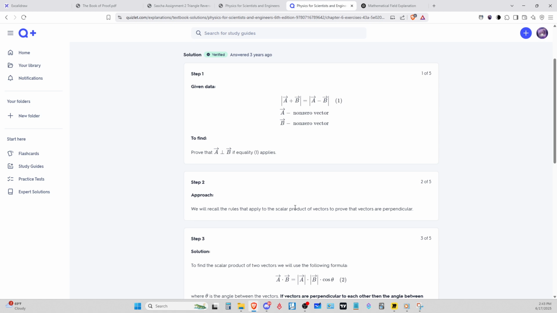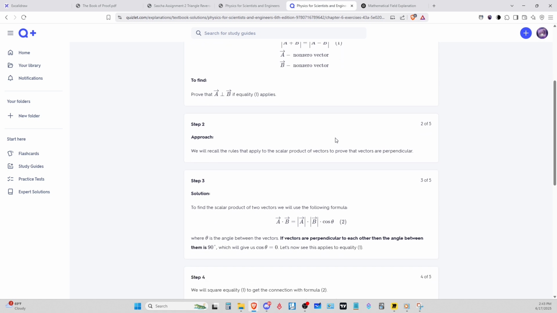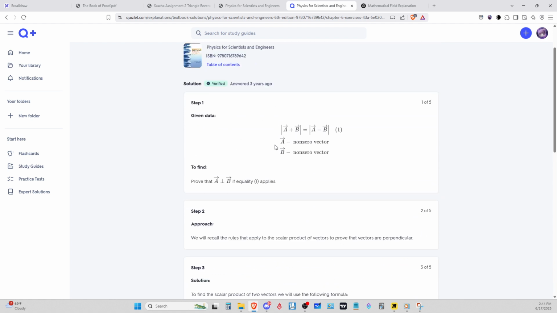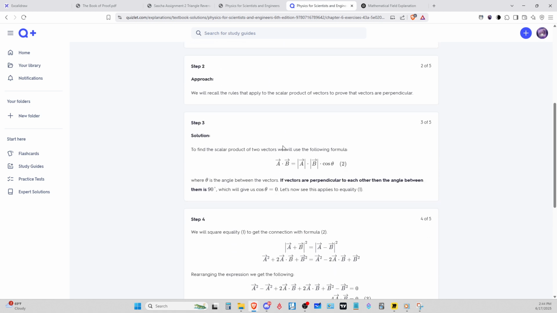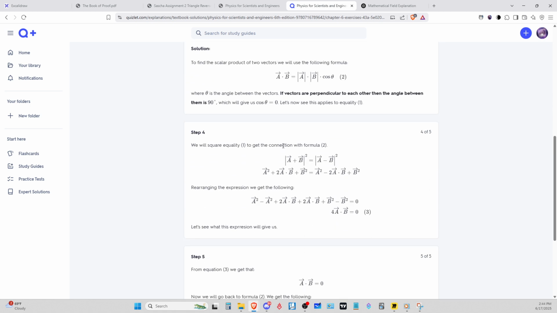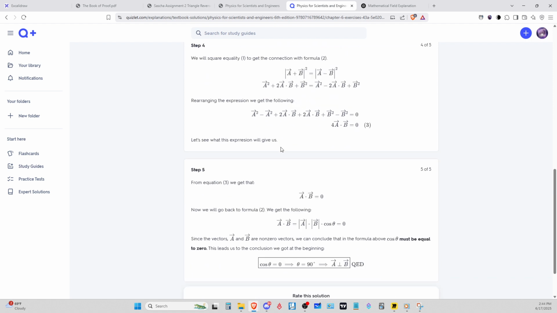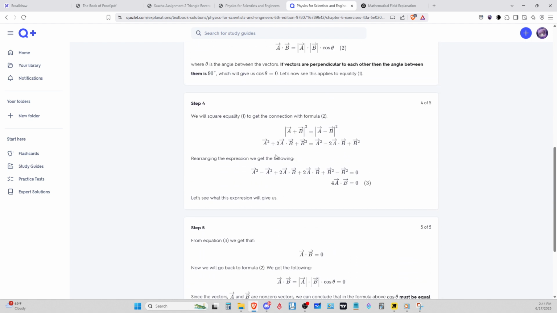Step 2, recall the approach of the scalar. Oh, I forgot about this thing. Wow, I made it so complicated for myself. I forgot about this relationship.